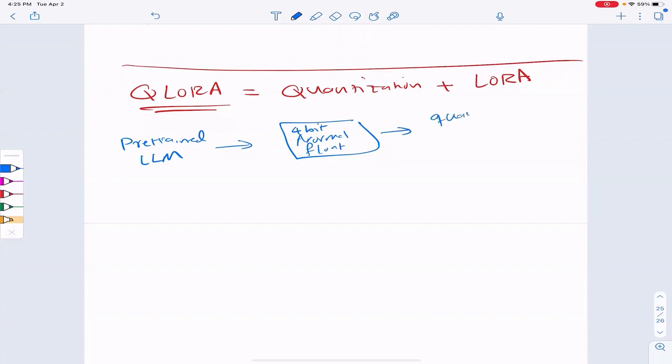And so you get a quantized LLM. So for storing your model, you always store the quantized version.